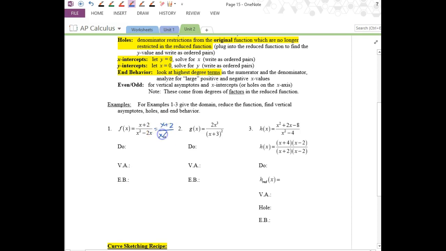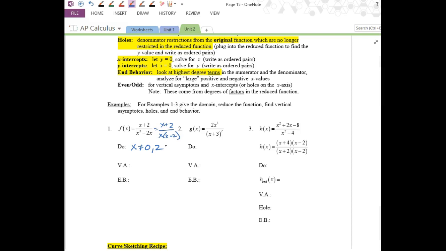So I have an x and an x minus 2. Now this becomes helpful because now I can easily find the points that x cannot be. What are the 2 values that x cannot be? Okay, so I'm just going to say x cannot be 0 or 2. And that's going to identify our domain.